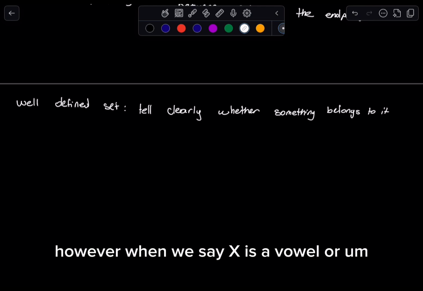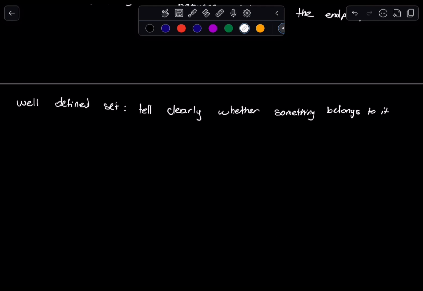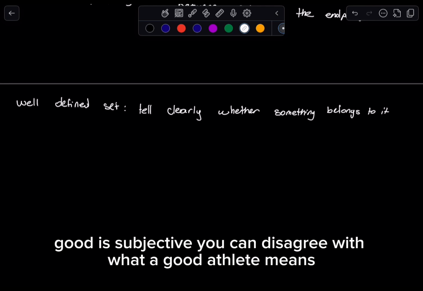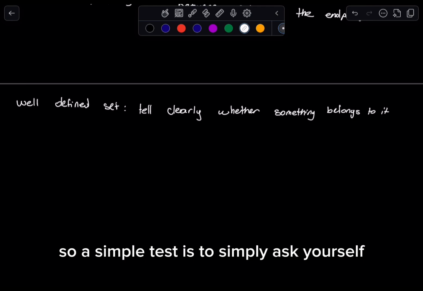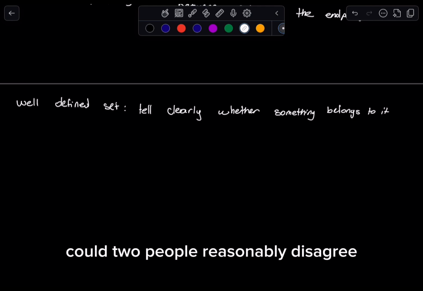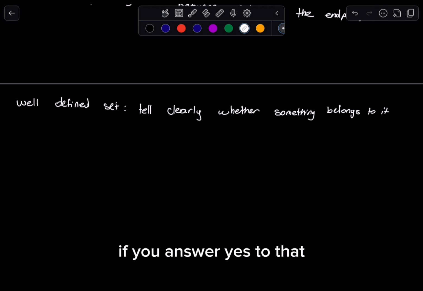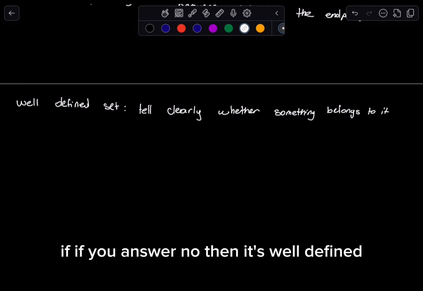However, when we say x such that x is a good athlete, good is subjective. You can disagree with what a good athlete means. So a simple test is to ask yourself, could two people reasonably disagree about whether something belongs to it? If you answer yes, then it's not well-defined. If you answer no, then it's well-defined.